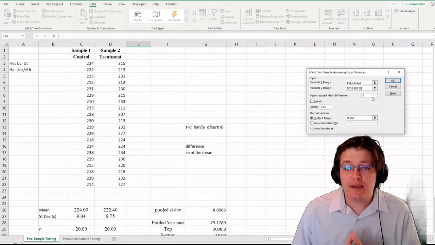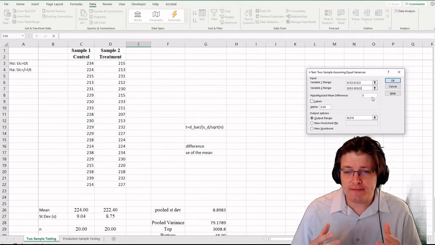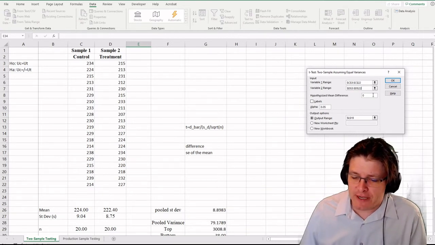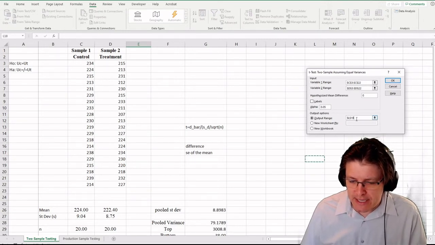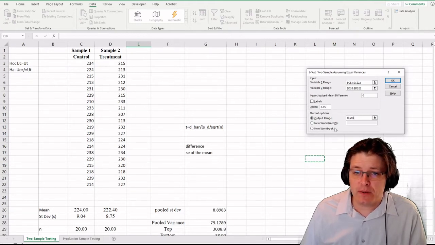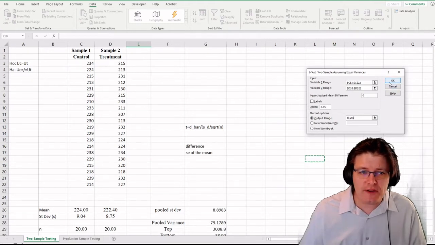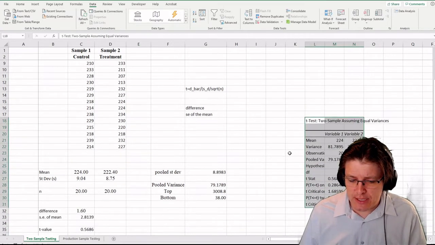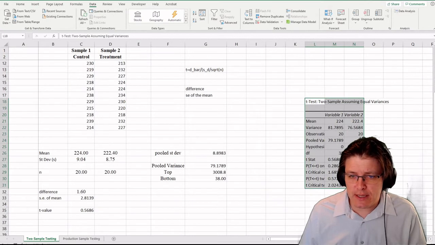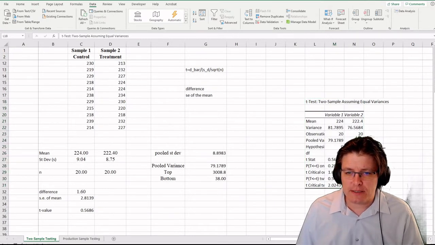We could put in, can we assume that the treatment group has lost 5 pounds relative to the control, or something like that. Generally, though, in our case, we'll leave this at 0. I have it set up to put an output down here, and we can set the alpha. Okay, and so when we click OK, all we've done is select the groups here. This should spit out some solutions that look like nothing because I'm in the way again.